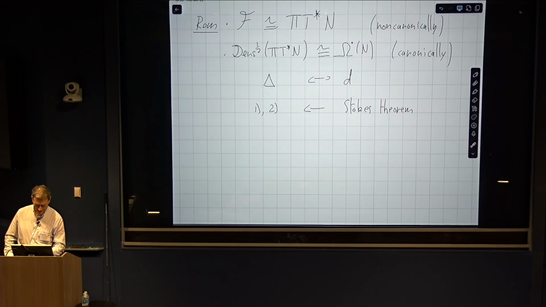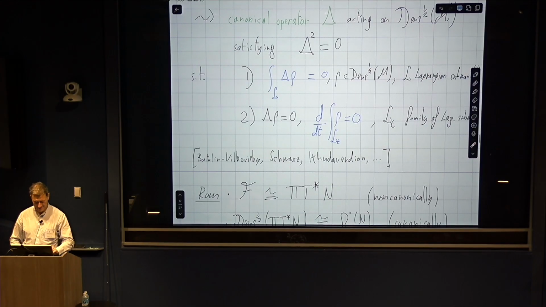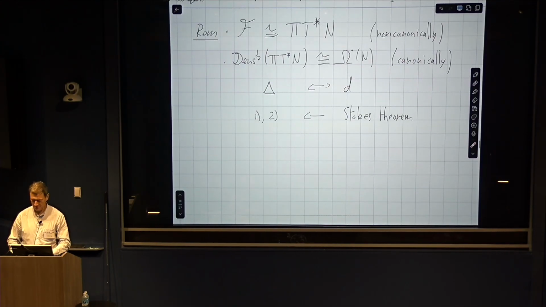And actually, there is a relation to the left-hand side, namely that, basically, to each submanifold of the base N, you can associate its odd conormal bundle, which would be Lagrangian here. And so you can understand integration of a differential form on a submanifold of N as the integration of a half density here restricted to some Lagrangian submanifold. And so in this restricted case, these two statements are just Stokes' theorem.